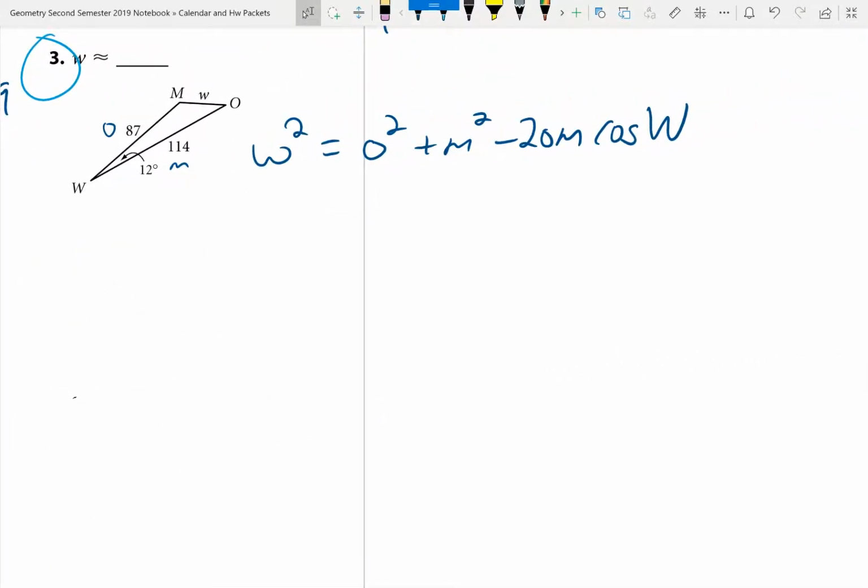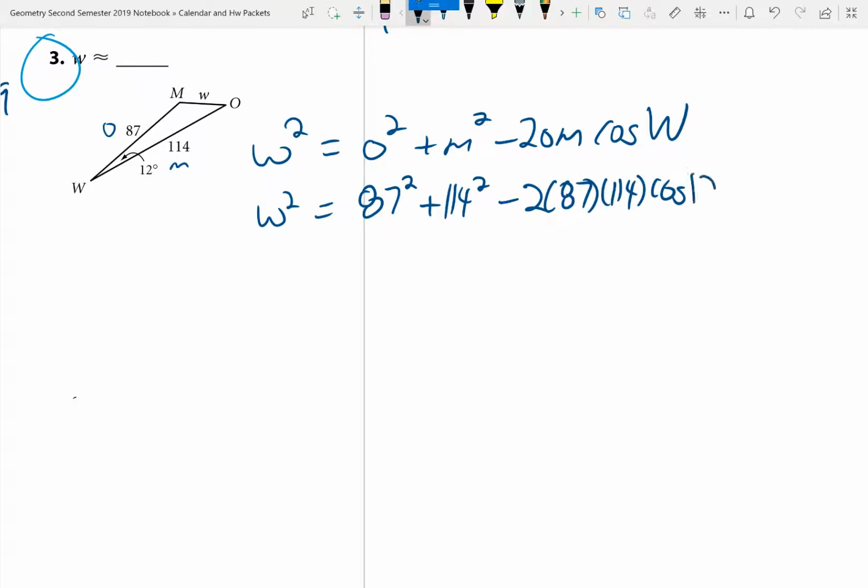All right, number 3, again we have a side, angle, side triangle. We're trying to find w. And so w squared will equal o squared, that's 87 squared, plus m squared, which is 114 squared. Let's go ahead and plug that in.